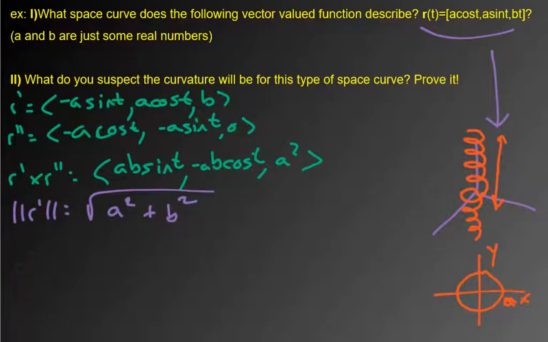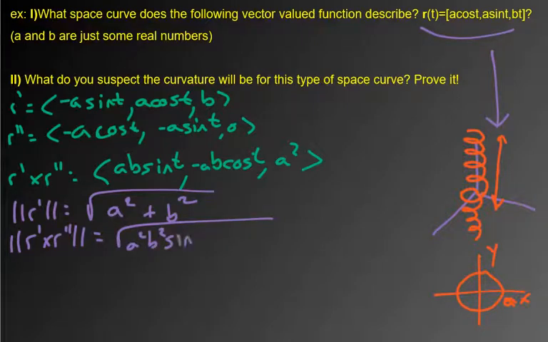Then you also need the magnitude of r prime cross r double prime. And that's kind of a mess, but if you do it out, I guess I'll just write it. I should have enough room here. So you'll have a squared b squared sine squared, and then you'll have another a squared b squared cosine squared.